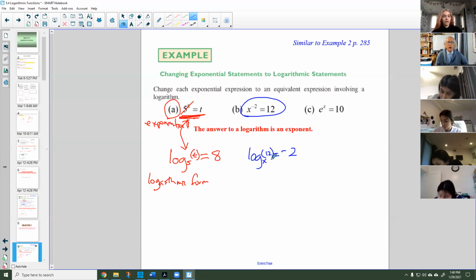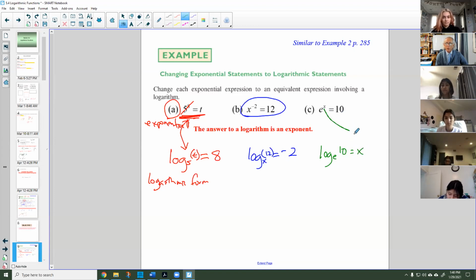Katie, can you tell me how do you change this one here into logarithmic form? I put log and then e as the bottom one, and then 10, and then equals x. Very good. The logarithm is the exponent.